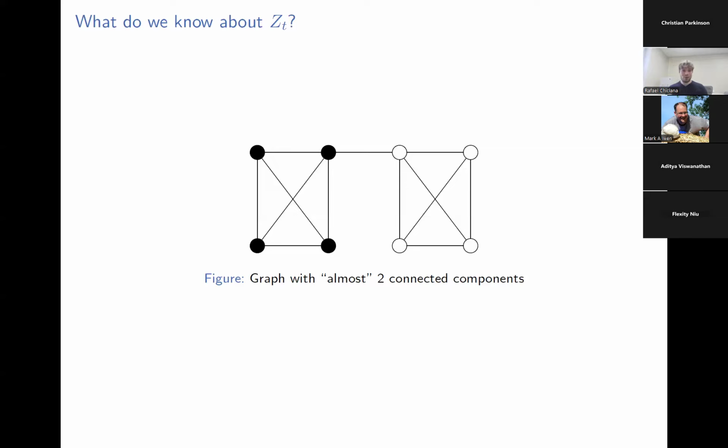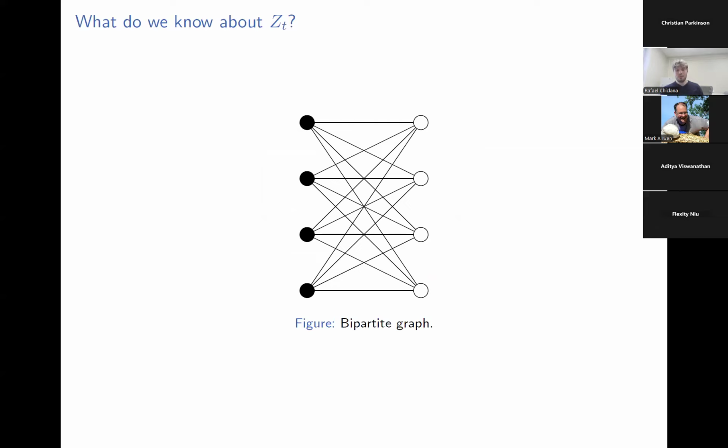Is this the only problematic case? Not really. There can be other problems. For example, let's consider a bipartite graph. In this case, again, step one, I will start at some random vertex. Let's say that I start at one black vertex.